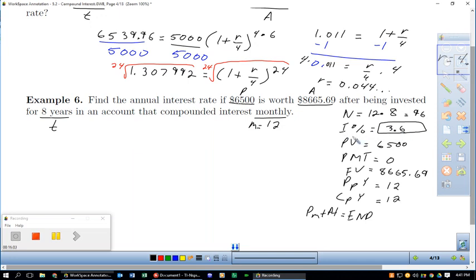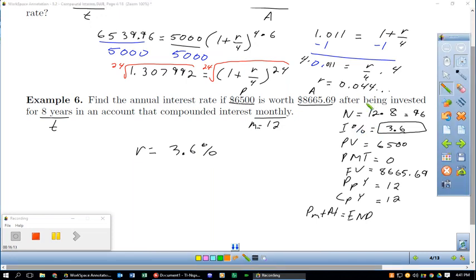Okay, now that is in a percent, so the answer is actually, the rate is 3.6%. Okay, so you want to enter this as a percent. That is super important. This is always a percent. Okay, and that's really all there is to that. If we use the TVM solver, be prepared on any exam, any quiz, homework to do this both ways, to solve it algebraically or to solve it using technology.